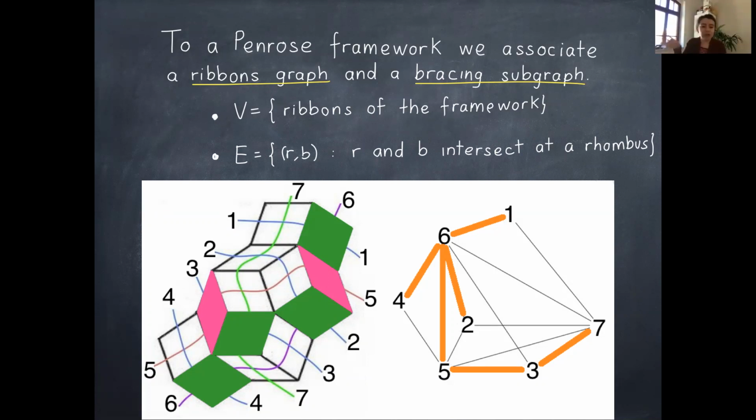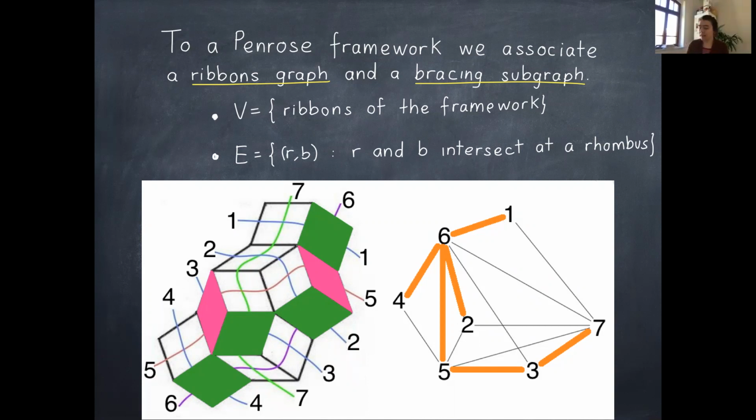We have drawn all the ribbons on this framework. That's the graph that you see on the right. And then the colored subgraph is the graph that corresponds to the faces that have plates on them. Okay, so again, either a plate or a diagonal brace.